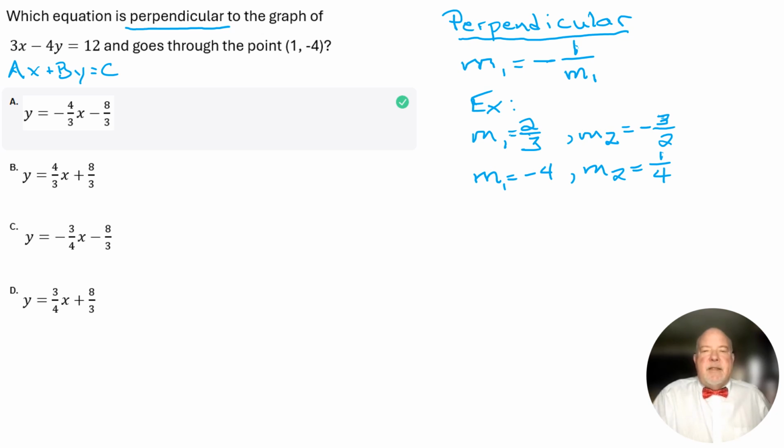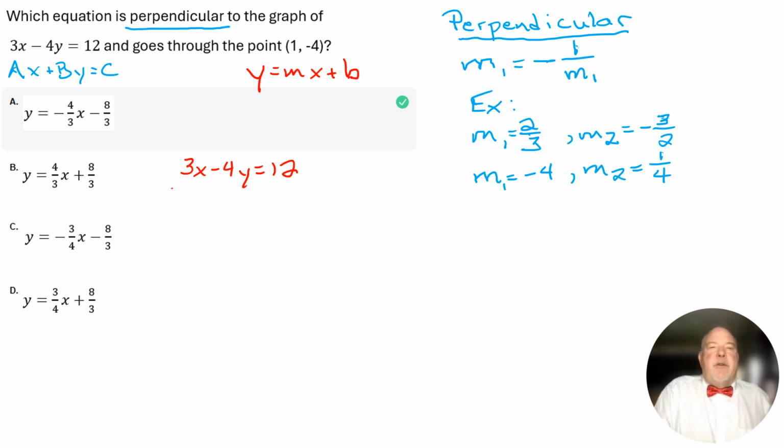But I said this is in standard form and we don't really love standard form. So I'm going to take this 3x minus 4y equals 12 and put it in slope-intercept form. Slope-intercept form looks like y equals mx plus b. So you want to isolate the y. You want to solve this equation for y.